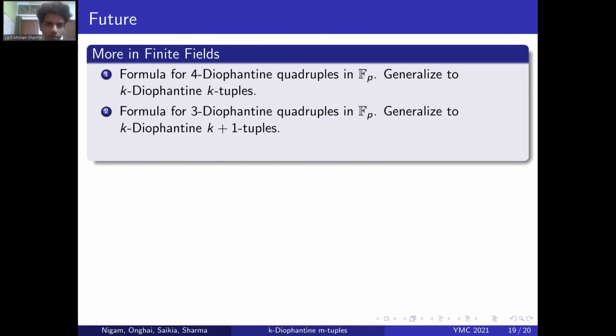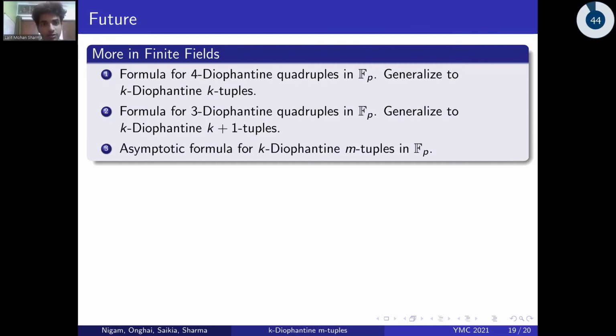You can also try finding a formula for 3-Diophantine quadruples, which is probably a bit more difficult because you'll have a product of Legendre symbols. You can generalize that to k-Diophantine (k plus 1)-tuples. And of course, one thing that we would like to do is find an asymptotic formula for k-Diophantine m-tuples in Fp.